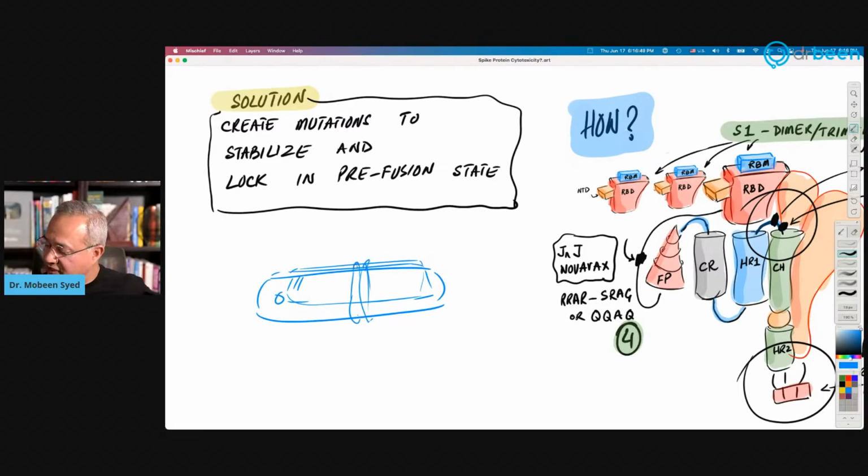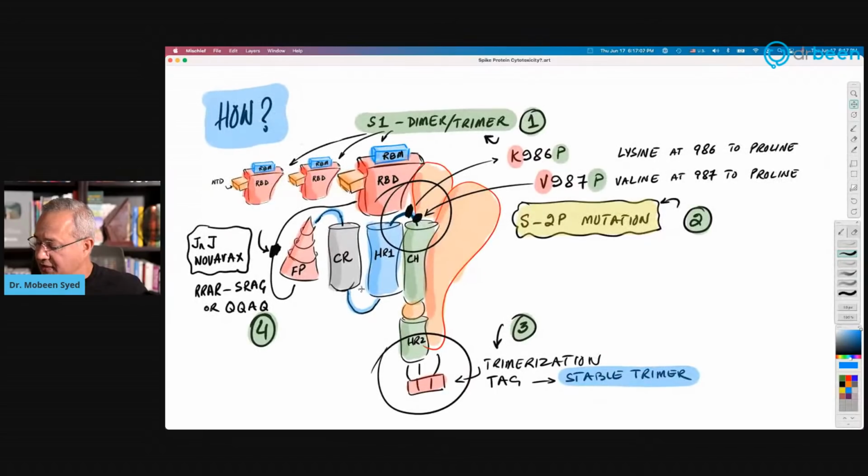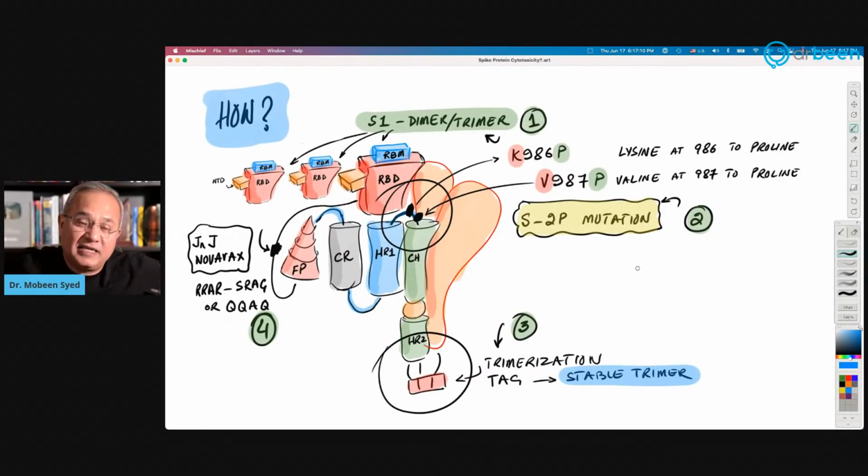Now, even if the knife is present, even if it has a spring to open it, it cannot open because we have tied it down. That is the objective. How do we do that? Here is how we do it. Very beautiful mechanism. I loved it. How do we make a spike protein that does not hurt us, but still allows the immune system to become trained? Here is what we do.